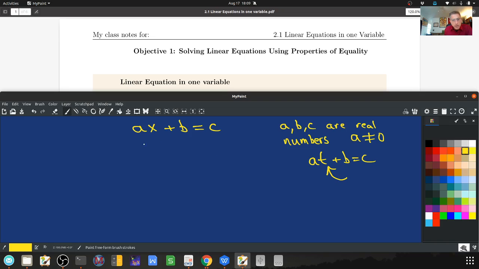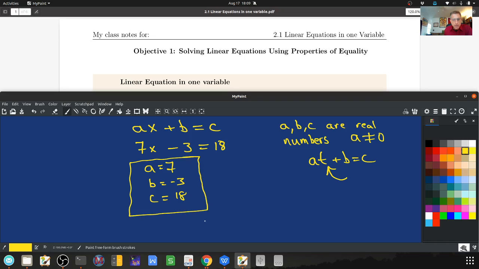x as our variable. So a specific example is 7x minus 3 is equal to 18. In this case, a is equal to 7, b is equal to minus 3, and c is equal to 18. Now, you're not ever going to be asked to identify the a's and the b's and the c's, but you should be able to look at an equation and say, oh, that's a linear equation, and it's in the variable x. 8x is equal to 0 is also a linear equation in one variable.